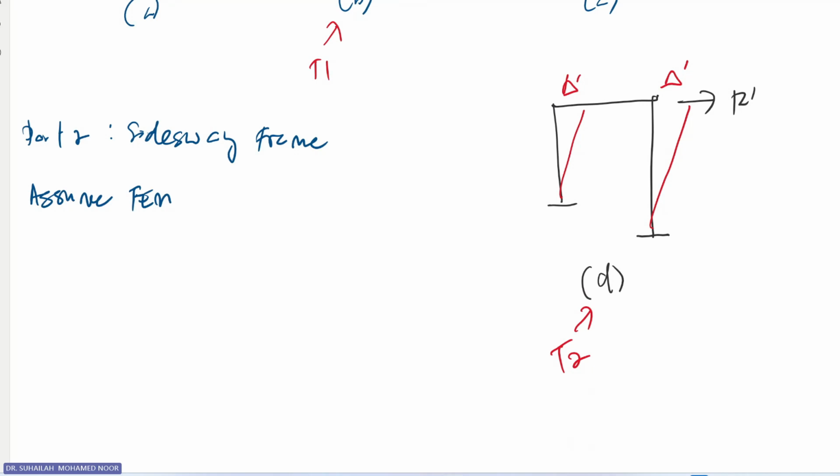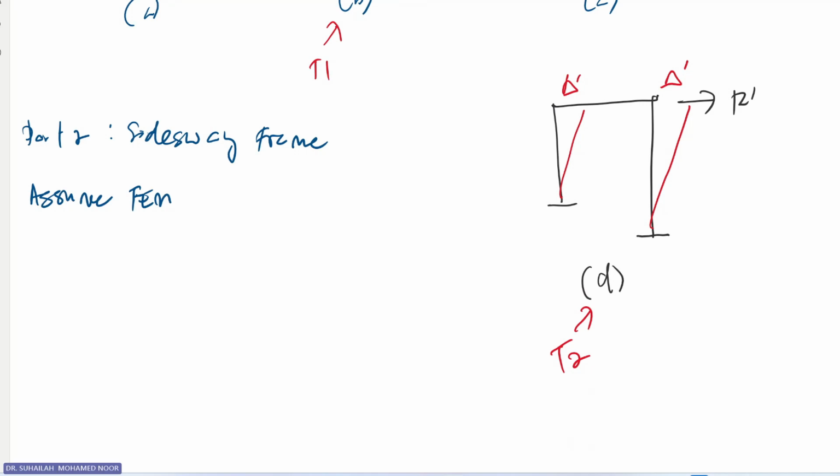Due to the horizontal displacement, side sway is horizontal displacement, the members that contribute to the side sway are only the columns, not the beam. The two vertical columns contribute to the delta prime, but not the beam. So we have to analyze column AB and column CD.